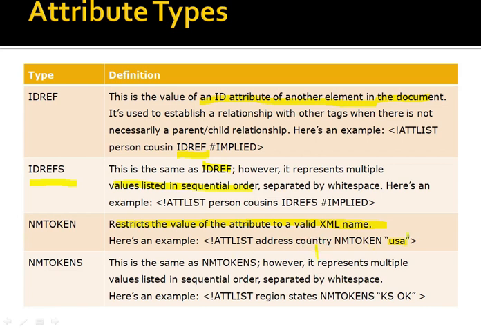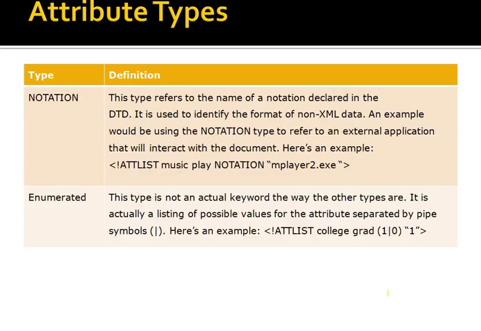So you can take the constant value USA, and you can also have enumerated values like this. NMTOKENS represents multiple values listed in sequential order separated by white space like this. So NMTOKENS is also possible.